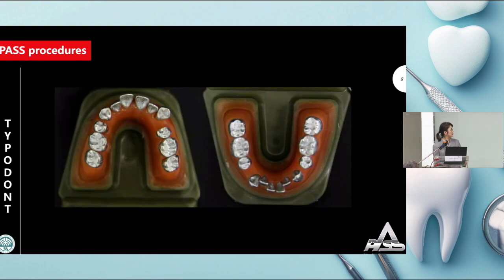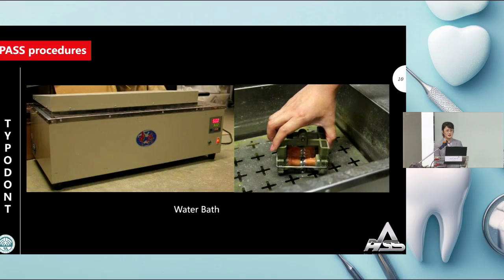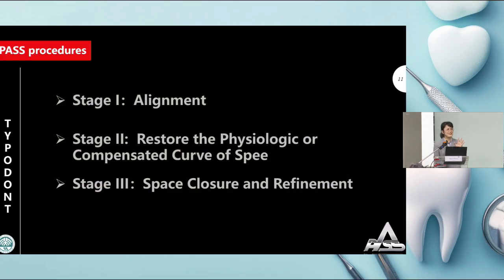And from the occlusal view, the four premolars were extracted. And we have the PASS appliance: the buccal tubes, the MLF brackets, and the super glue. The water bath, we don't have it, so we have 2 typodont models.